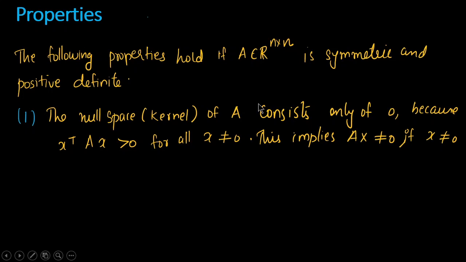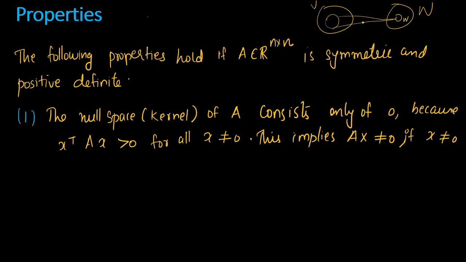Suppose we have V and we have W, and when we map some vectors to the neutral element in the vector space W, those vectors that map to the zero vector of W are called the kernel.